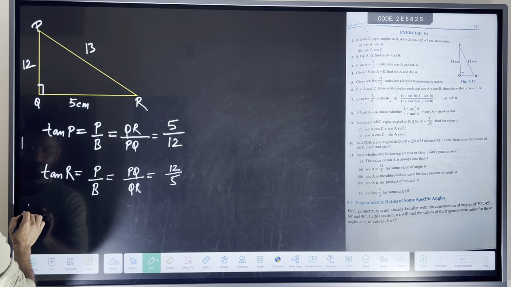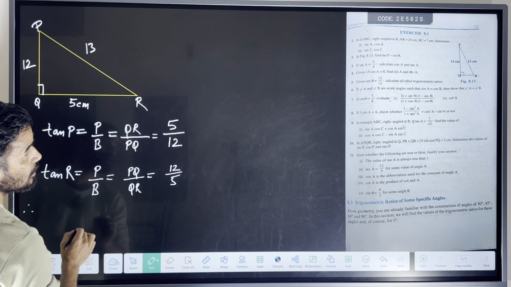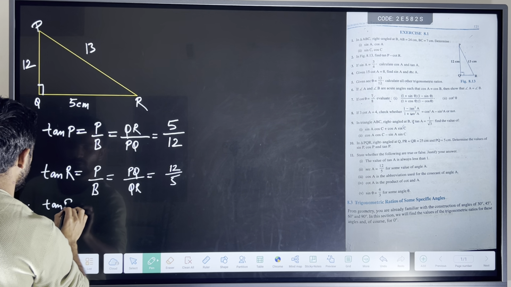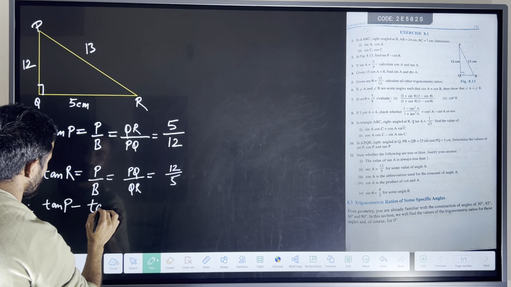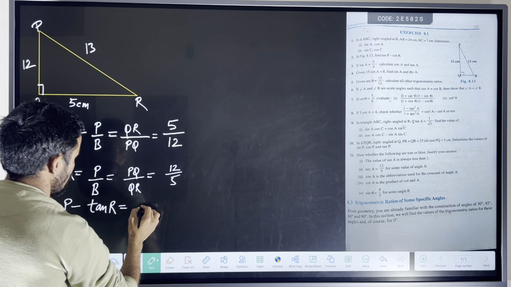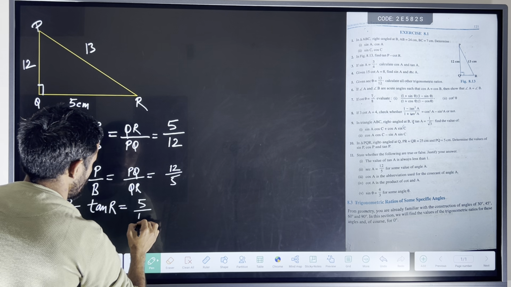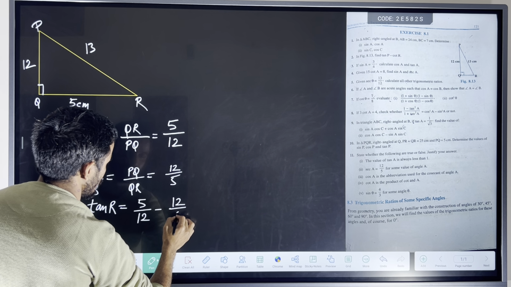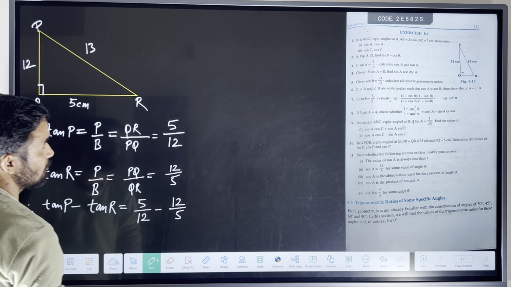So therefore tan P minus tan R is equal to 5 upon 12 minus 12 upon 5.